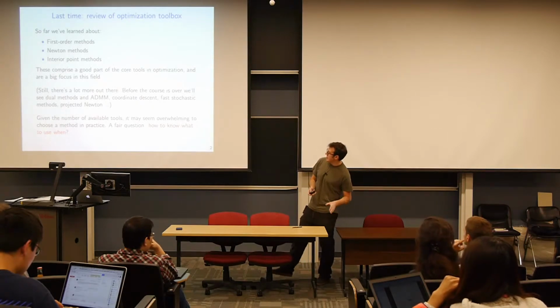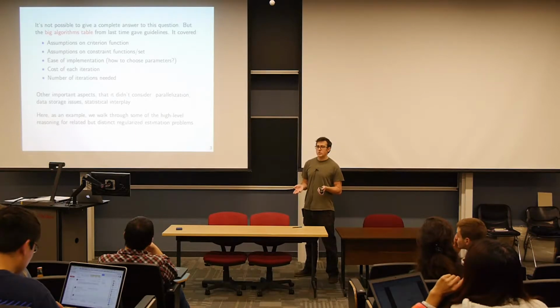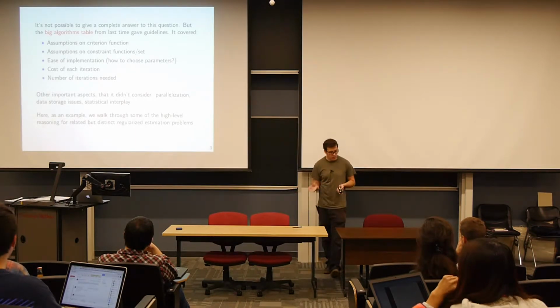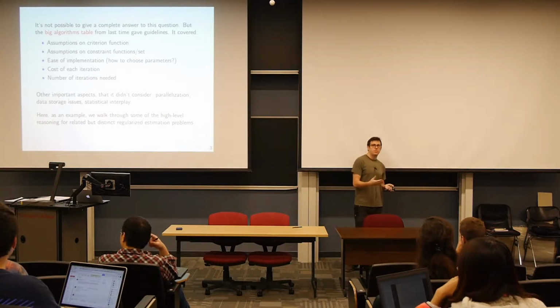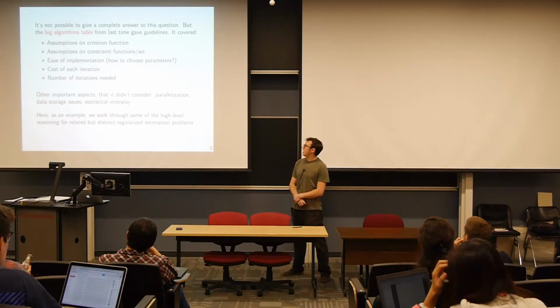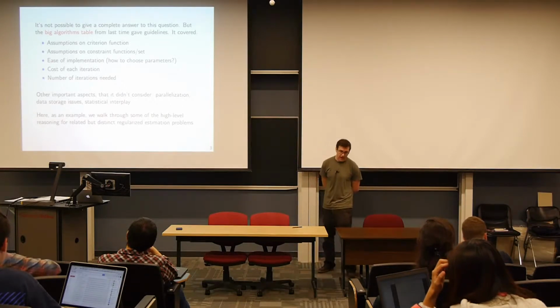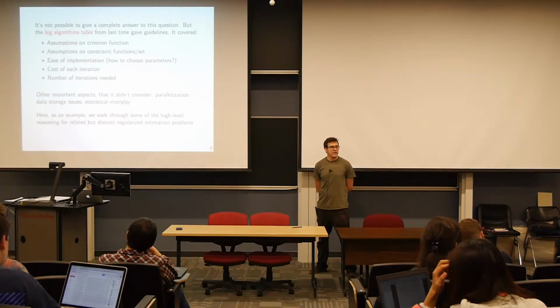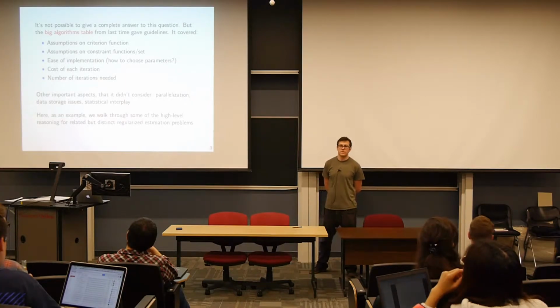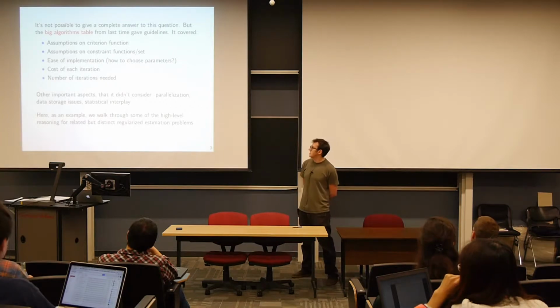And so what we're going to see is that in practice, there's really no silver bullet for knowing what the right algorithm is to apply to any given problem. We prepared a table for you that shows all the different facts about each of the algorithms and how they're applicable to different functions, based on what the criteria function is and what the constraints are.